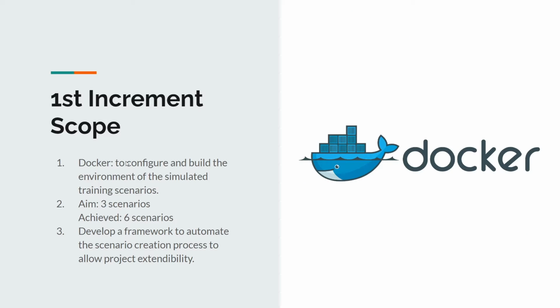The Docker part is to configure and build the environment that will simulate the training scenarios. The aim was actually three privilege escalation scenarios, and what has already been achieved is that I managed to create six scenarios. I also started developing the framework that will enable the extendability of the project.